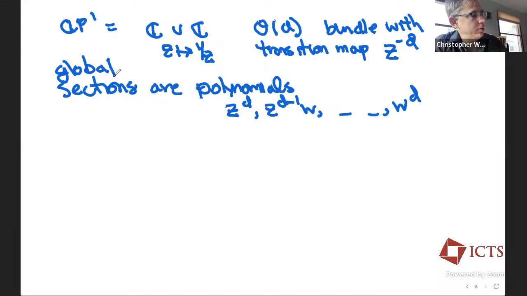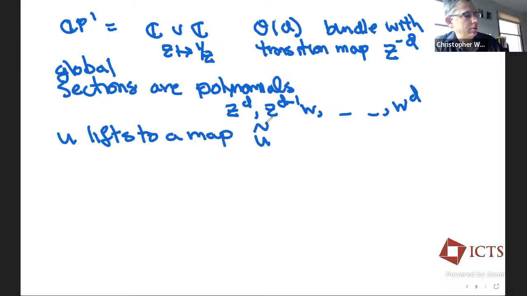Okay, well, by definition, U lifts to a map U twiddle, which goes from O of minus D to Cn minus 0.